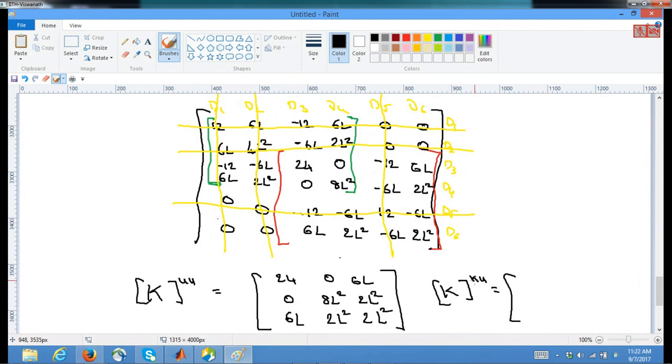K means knowns, so these rows are struck off, and since the columns are unknown, they are not struck off.